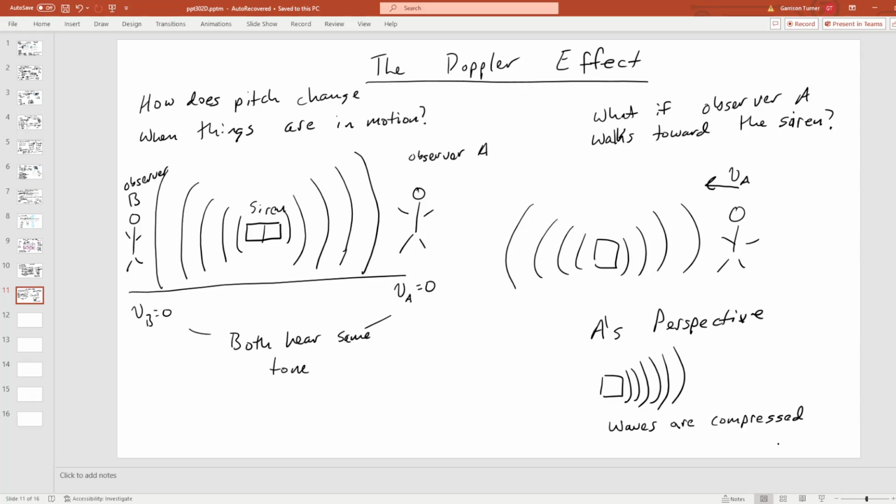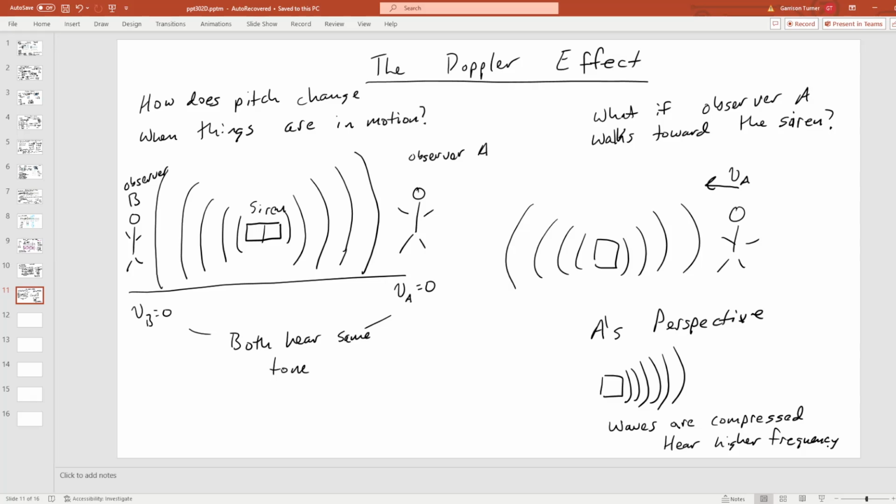What that means is they experience more crests per unit time, so they hear a higher frequency.